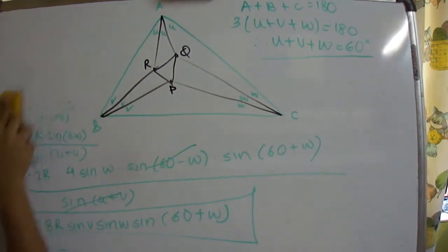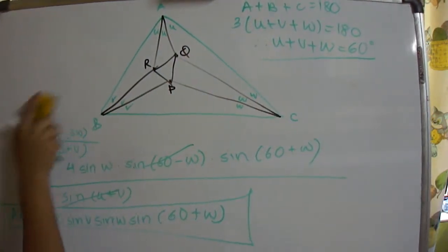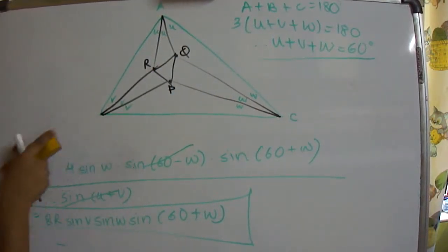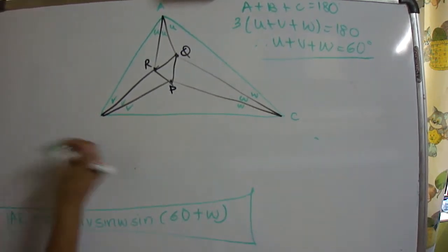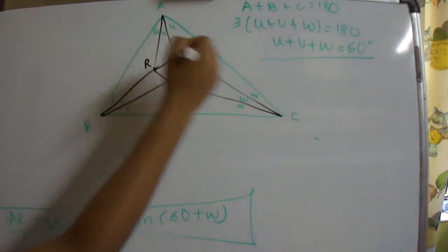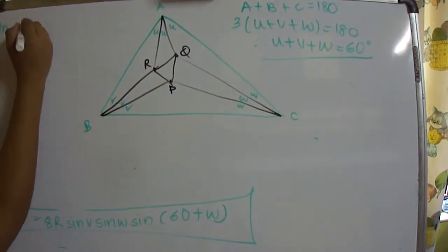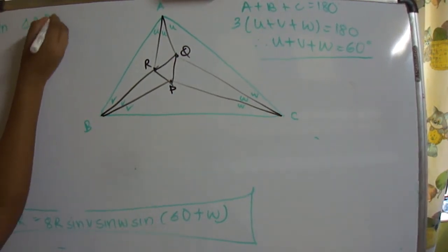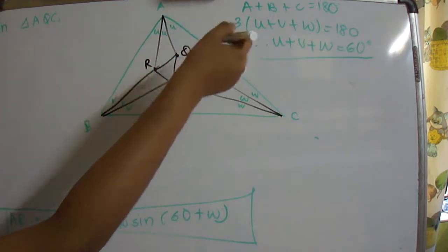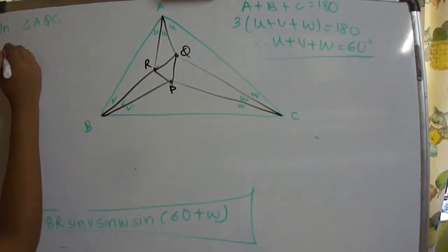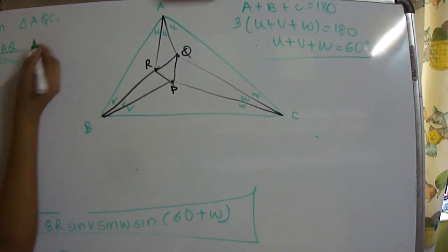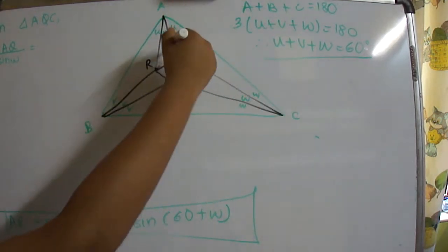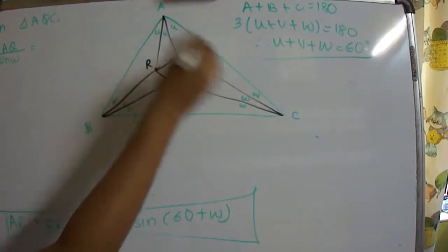Similarly, in triangle AQC, we will compute AQ. In triangle AQC, AQ by sine W is equal to AC by sine of 180 minus U plus W. What is AC?